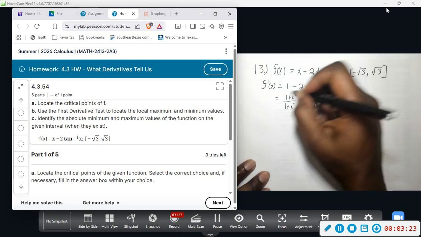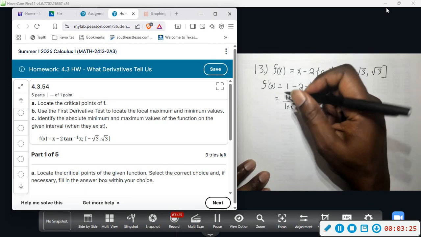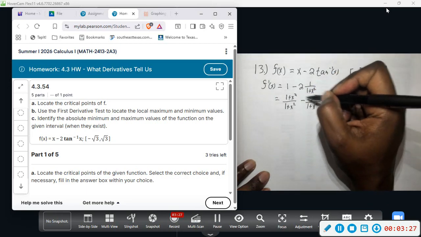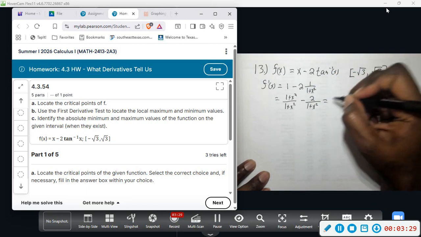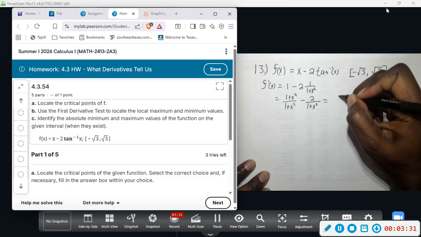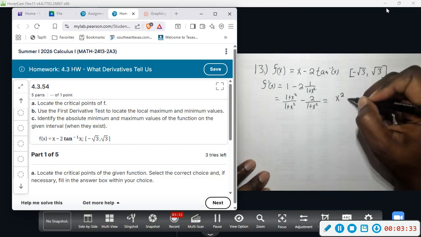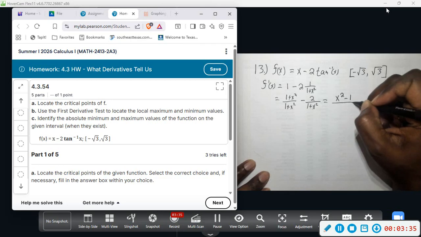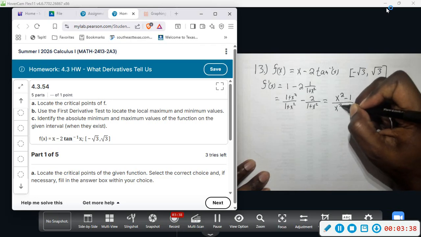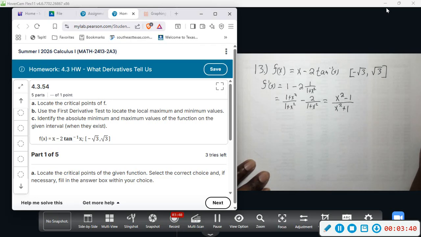Same denominator, simplify the top. So the 1 and the 2, you would subtract those, you get a negative 1. So our final would be x squared minus 1 over x squared plus 1. All right, so here's our derivative.